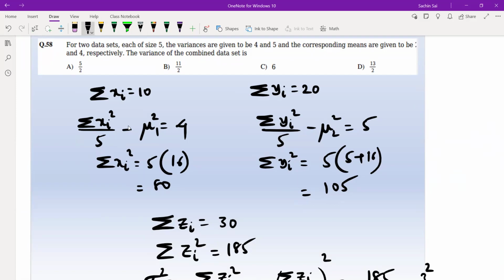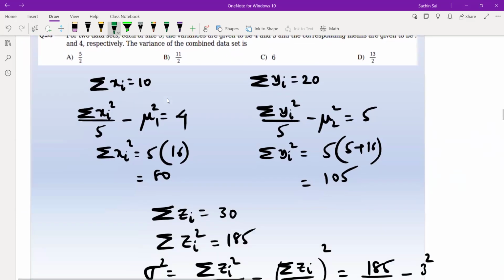So let me check what the exact question is. 2 and 4, right? Okay, so for the first data set, sum of the observations is 5 times 2. For the second data set, sum of the observations is 5 times 4, right?